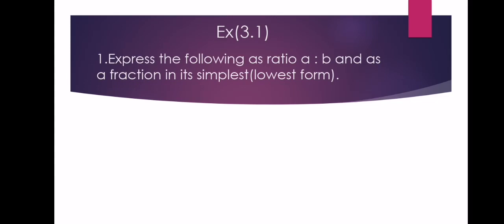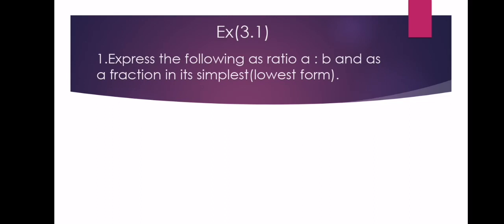Exercise 3.1, question number 1 is express the following as a ratio A ratio B and as a fraction in its simplest form. As a fraction in simplest form means that we will have to simplify it till the very last step, that is when no more simplification will be possible.